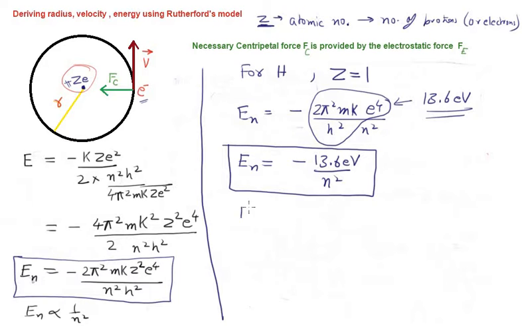So if I talk about the first orbit, n will be equal to 1, so energy will be minus 13.6 electron volts. Now the energy of the second orbit, we'll put the value of n as 2, so minus 13.6 divided by 4.